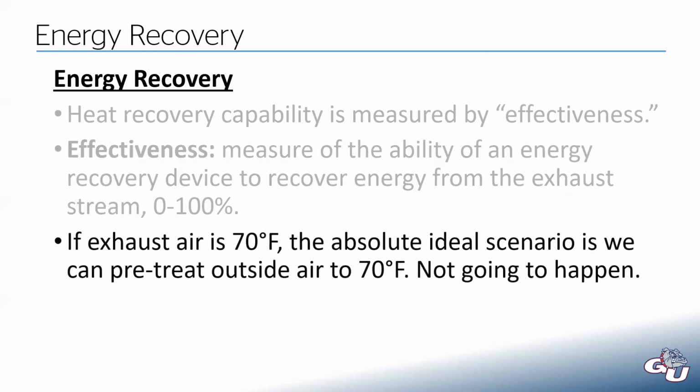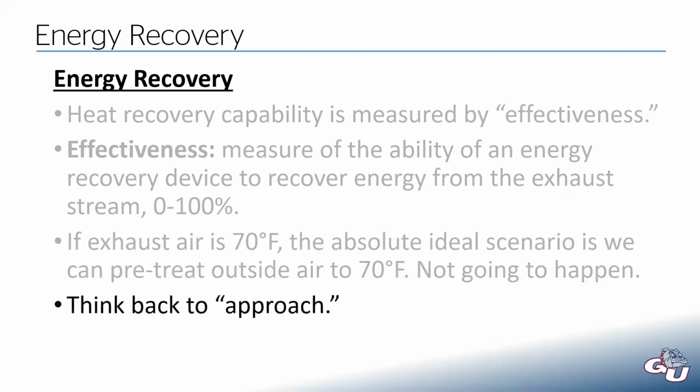So if our exhaust air that we are dumping outside, which is warm air that came from the building, is at 70 degrees, the most ideal scenario is we can take all of that heat energy out of it and put it into our outside air stream and heat our outside air up to 70 degrees. But that's an ideal scenario. Obviously, that's not going to happen.